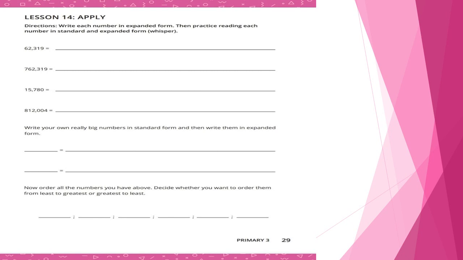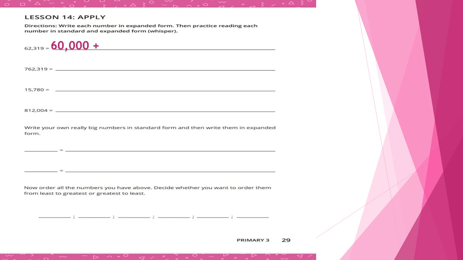To write this number in expanded form, we will put 3 zeros to the numbers in thousand, and 2 zeros to the number in hundreds, and 1 zero to the number in tens, and no zeros to the number in ones. Okay, we have here 62,319. Then we have 62 in thousand, so we will put 3 zeros to the number in thousand. Then we write 60,000.